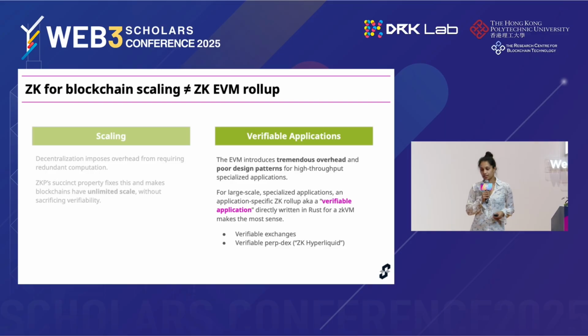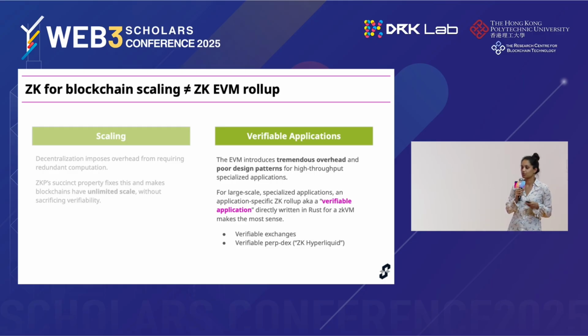And you can imagine that in the future, very large scale specialized applications, for example, things like verifiable exchanges or verifiable perp dexes, will be written directly in Rust for a ZKVM environment instead of going through an EVM. And so I think this next generation of verifiable applications that are directly being proven in a ZKVM will dominate the story of ZK for blockchain scaling, going beyond just the ZK EVMs that we know.